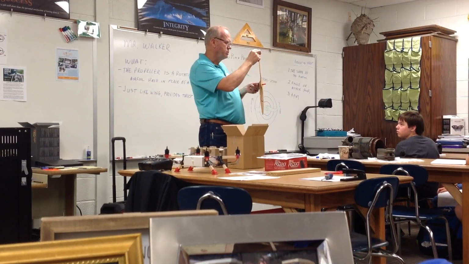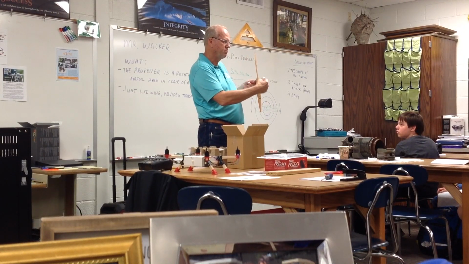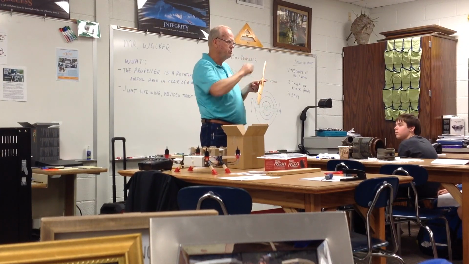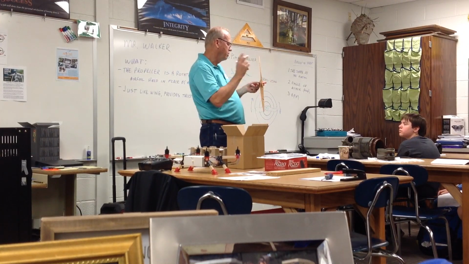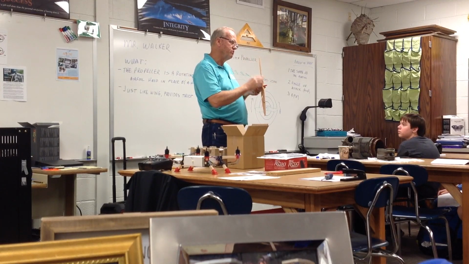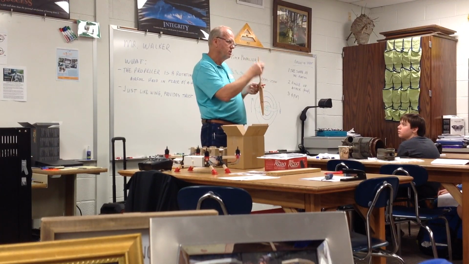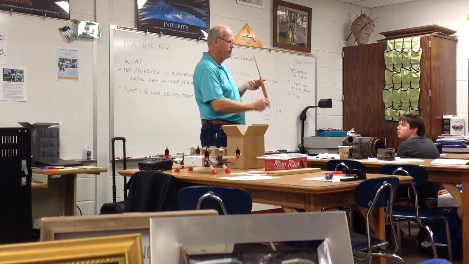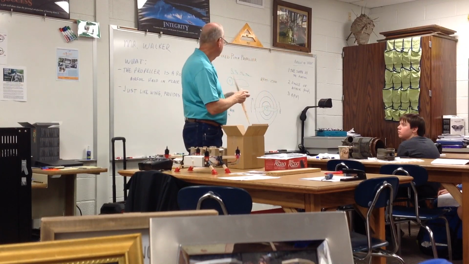Which is traveling further, the hub of this motor or the tip? Obviously the tip's traveling so much further, and since it's traveling further, is it faster or slower? It's faster than the hub, because this is traveling that far, and this hub is traveling just right here.